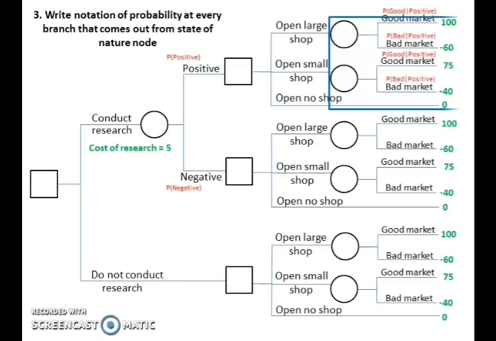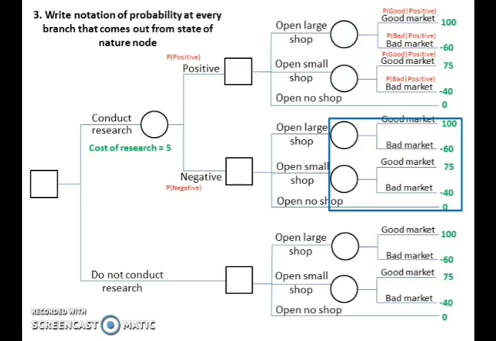And now let's look at this part of the tree. There is another state of nature branch behind this which is negative. So for the good market branches, the probability would be the probability of good given negative. And for the bad market branches, the probability would be the probability of bad given negative.